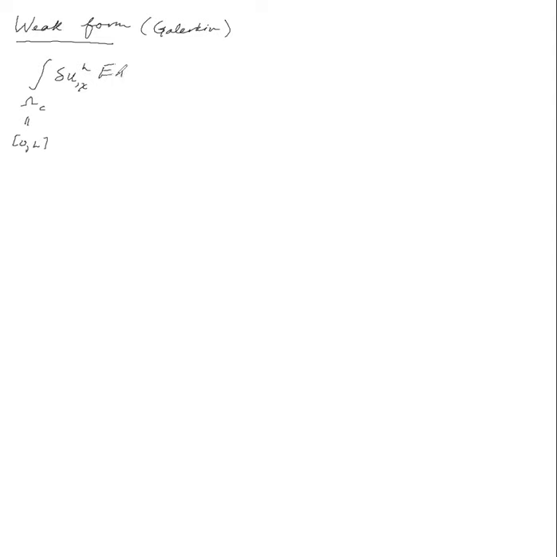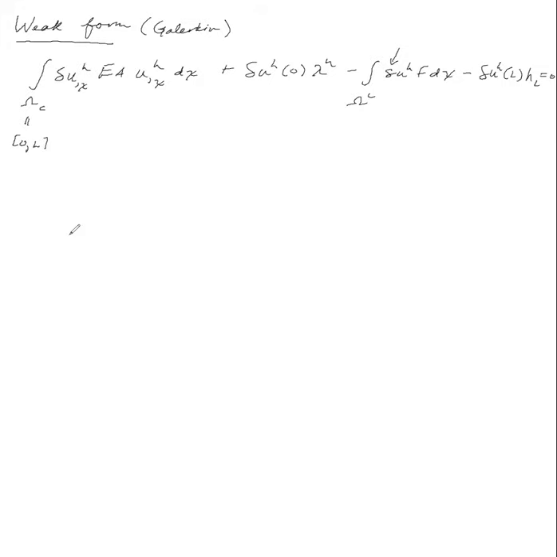EA u comma x h dx plus delta u h evaluated at 0 lambda h minus the integral over omega c of delta u h f dx minus delta u h evaluated at L h L. That whole thing has to equal 0 for every one of these tests, every one of these delta u's.